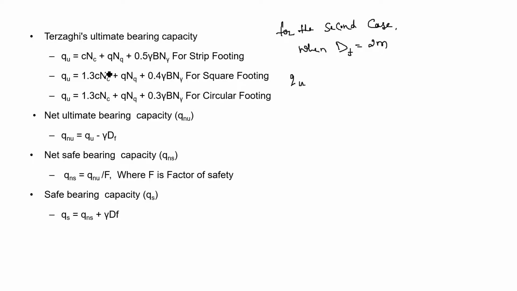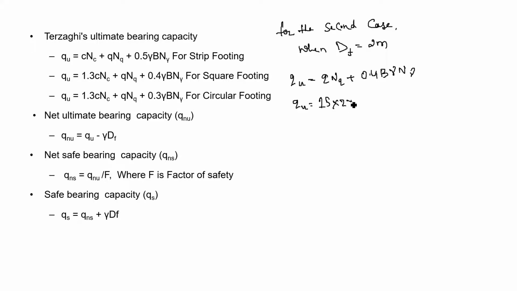The soil deposit is sand, c is 0, cohesion is 0. Now q Nq plus 0.4 B gamma N gamma. Q means overburden pressure, gamma into Df. So gamma, that is unit weight of soil, is given as 15.